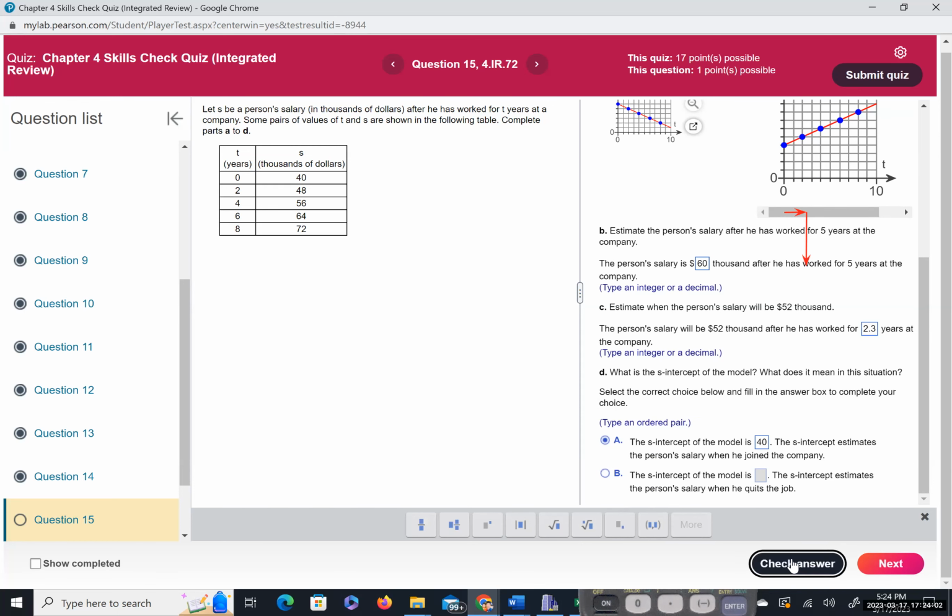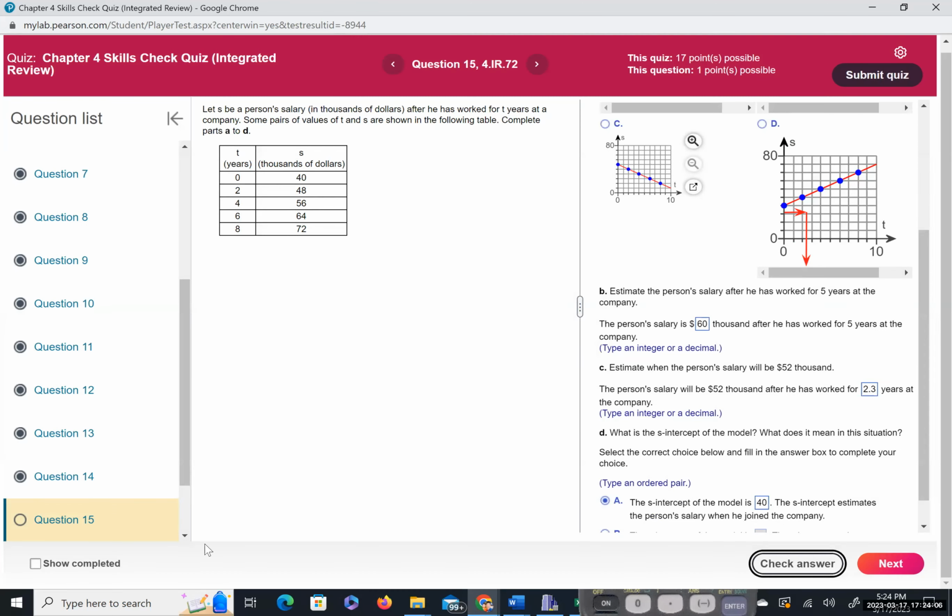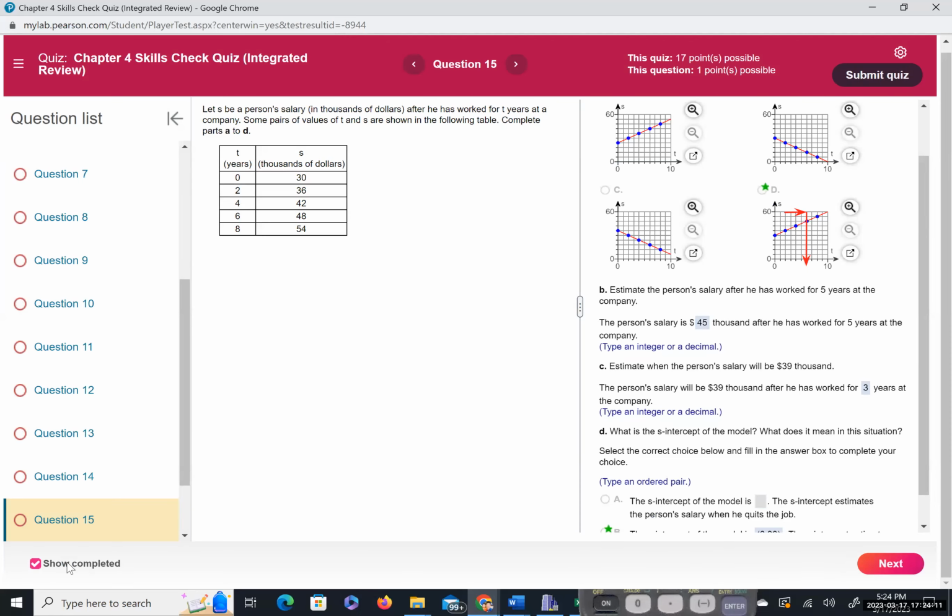2.3. Let's check the answer again. Something was wrong. Okay, let's see how. They changed the number a little bit.